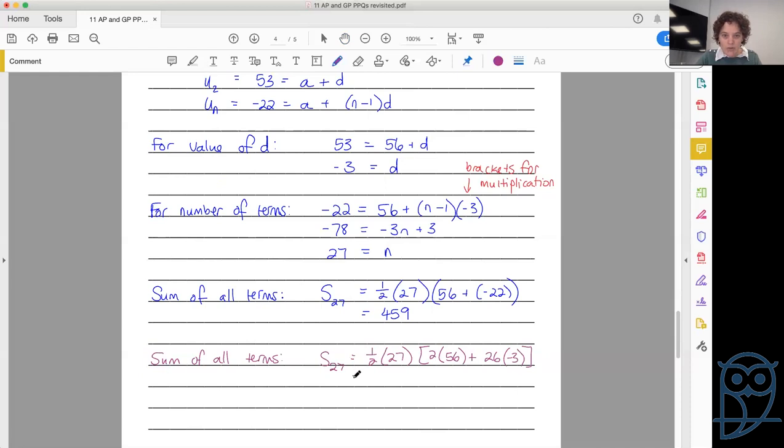And if we put all of that into a calculator, we also get, magically enough, 459. So again, I say, it doesn't matter which one you use.